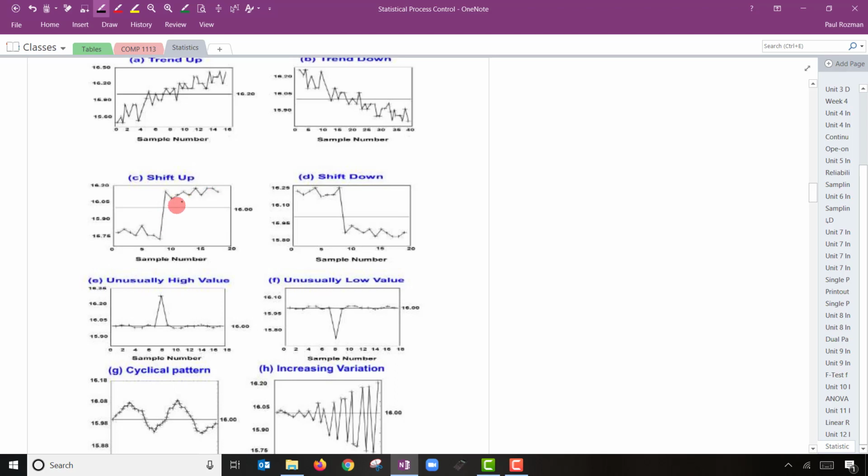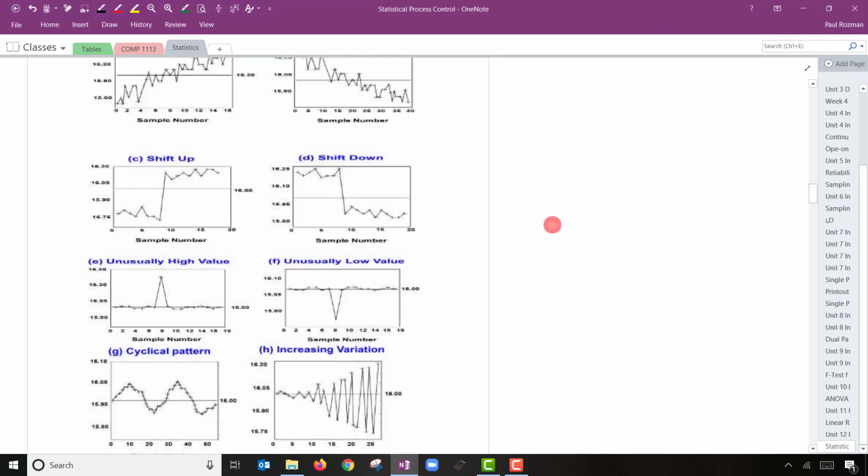Maybe that has something to do with lunchtime. Here's the morning crew, and then lunch happened, and then someone else took over. And we can identify that something changes. Maybe we had different training for the morning shift than the afternoon shift, or the manager on one shift is different than the manager on another. Same with the downward shift, similar idea.